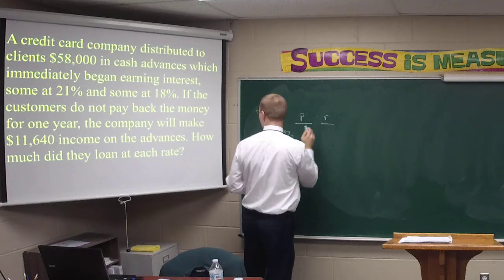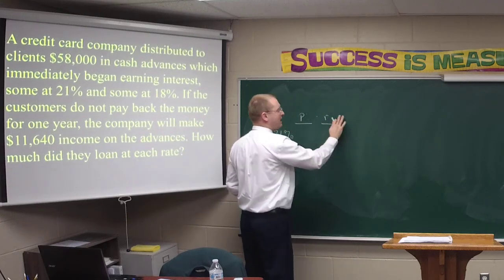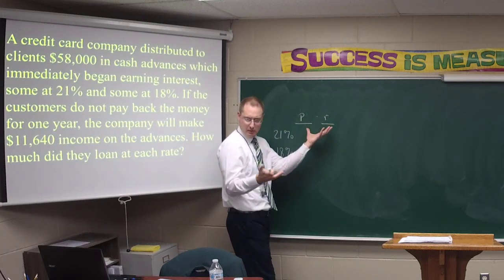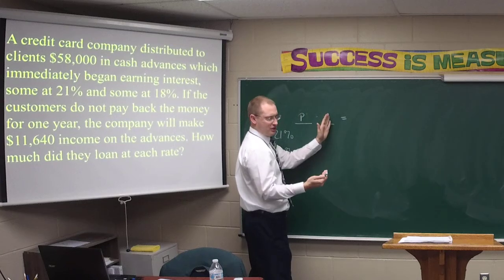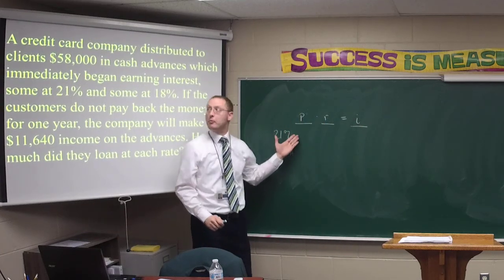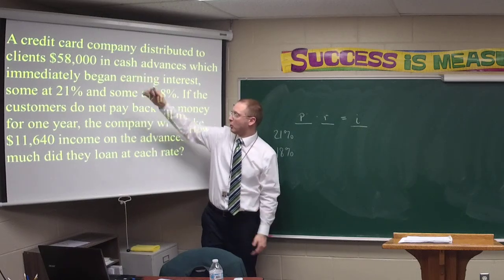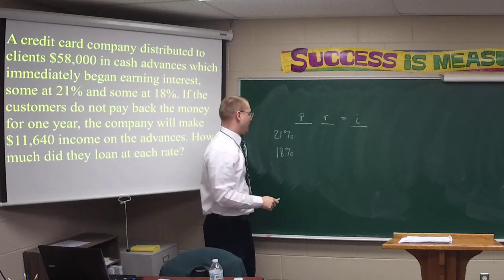And again, the time it references is, we don't pay back the money for a year. So I'm not even going to waste my time putting the time column. Does that make sense? So I'm just going to say principal times rate, ignore the time, it's 1 anyway, is equal to interest. Well, I don't know how much of the money, the $58,000, went to the 21% people, and I don't know how much of the $58,000 went to the 18% people.